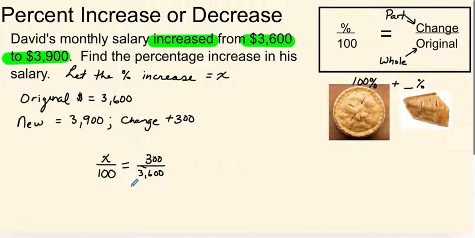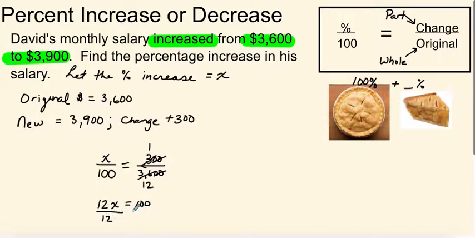So now it's just a proportion, and I can use my means and extremes to cross multiply and solve for X. Just to make the arithmetic easier, I'm going to divide the numerator and the denominator by 100. And then I'm going to see if there's any other factors here that are common. And I notice that 3 and 36 are both divisible by 3. So 3 divided by 3 cancels to 1, and 36 divided by 3 is 12. So now when I do my cross multiplication, I get 12x is equal to 100 times 1, or 100.